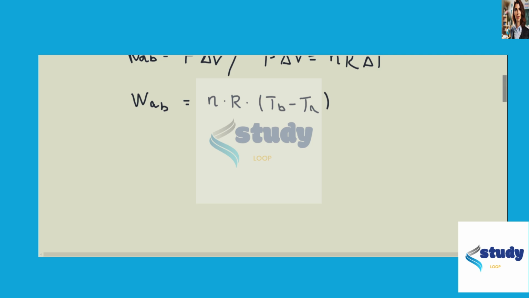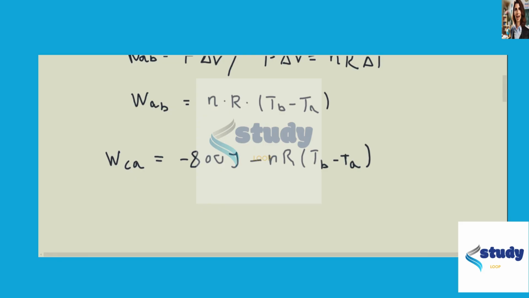Substituting this back into the equation for the work CA, we obtain that W_CA, and we can immediately substitute minus 800 joules. This is the total work done, and then also negative nR (T_B minus T_A).